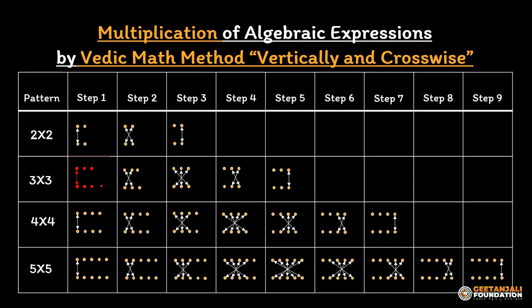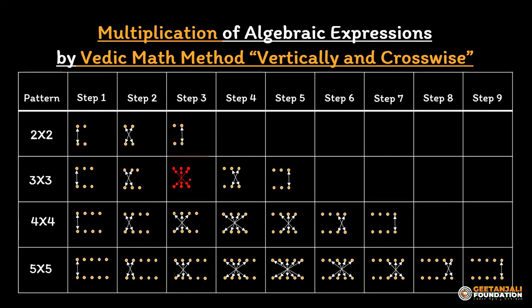Suppose we have to multiply two trinomials, meaning polynomials with three terms. This represents your first trinomial and this represents your second trinomial. The method is the same. We start from the leftmost terms, multiply them, write the result, and then we move towards the right, consider the next column, cross multiply them, add the result and write it down. Then we move towards the right. Now consider this column as well.